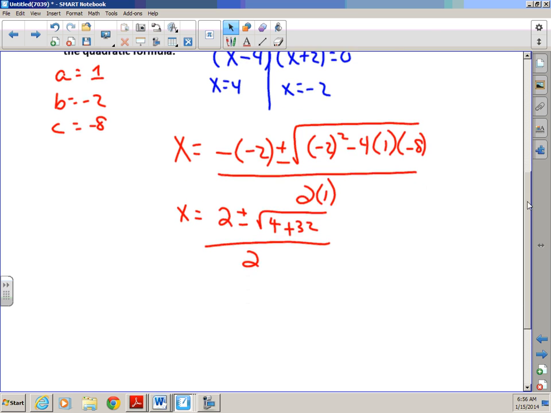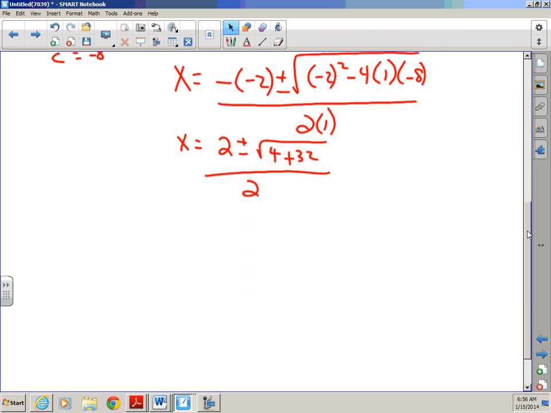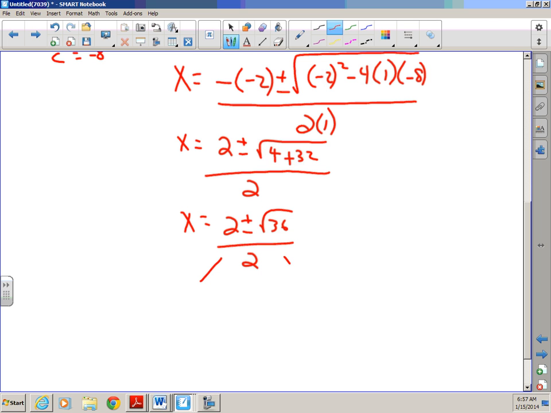And just move this down. So x is equal to 2 plus or minus the square root of 36 over 2. Now, once you see, and we're going to talk about this in a second, that you have a perfect square under the radical sign, that'll tell you that what you had was something that could have been factored. So now how do I do this? Remember, we got two parts.